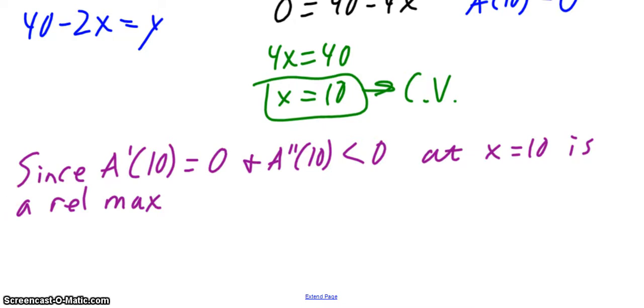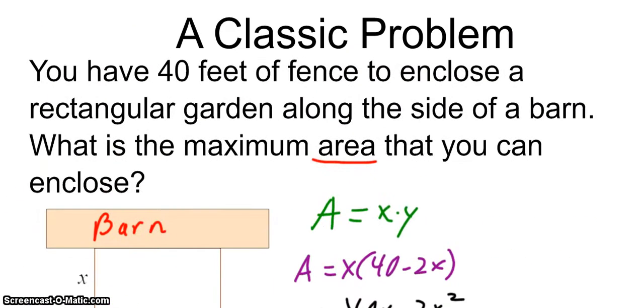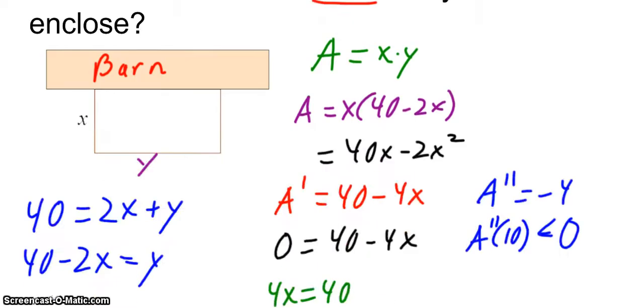So then we have to pay attention to, well, remember, what was the question actually asking us? It was asking us what is the maximum area. So now we need to find what is the maximum area.